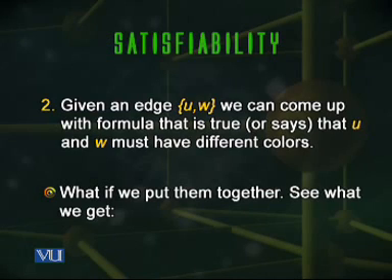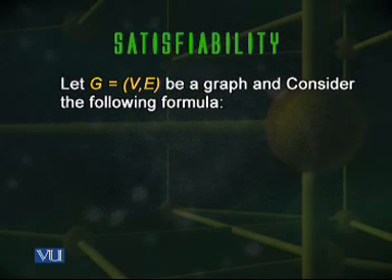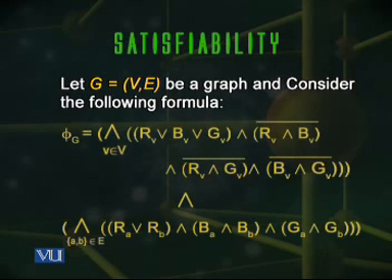Let's see what we get. Let's look at the formula. Here we are given a graph G with vertex set V and edge set E, and we consider this formula, which looks like a very gigantic formula, but it's nothing but pieces of it we've studied already. This formula is denoted by phi sub G, and it's the AND of two parts. The first part is a big AND over all vertices of the graph.